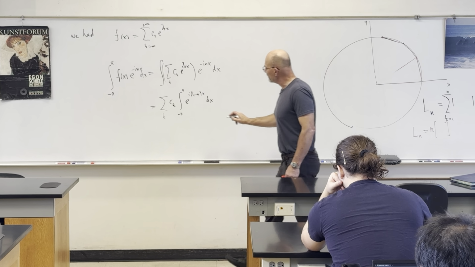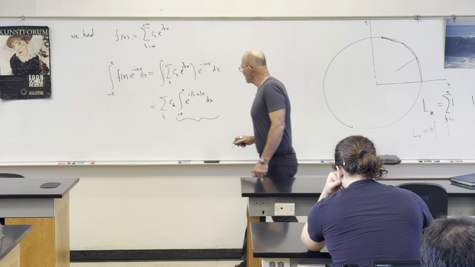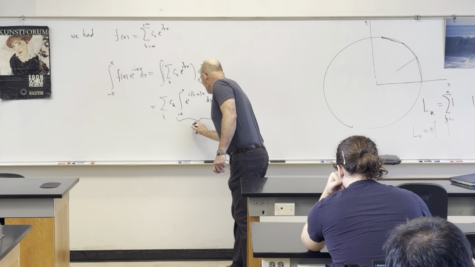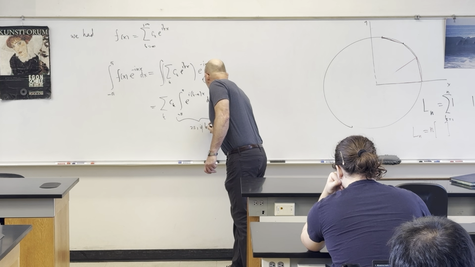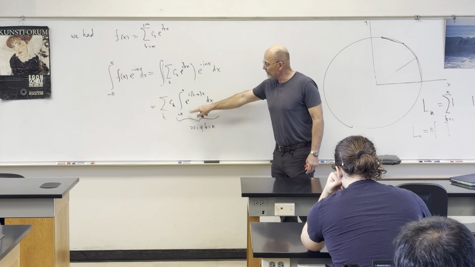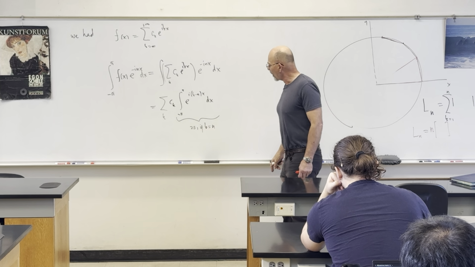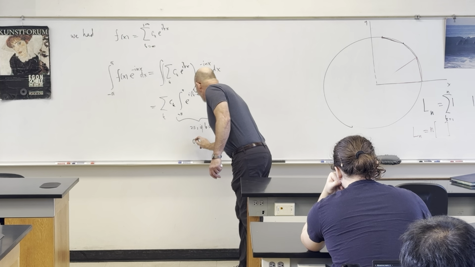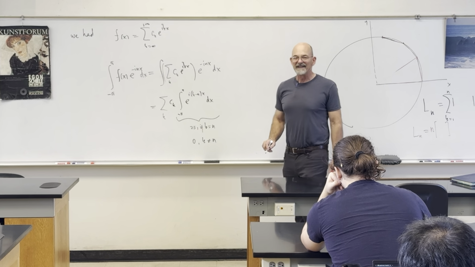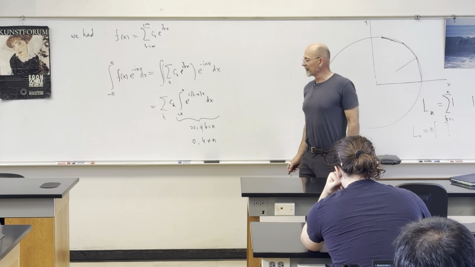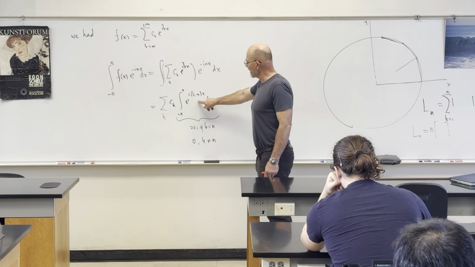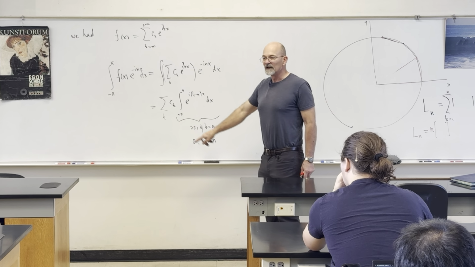And when we do this, we find that this integral here is either equal to 2 pi if k is equal to n, because then I have e to the 0 integrated from minus pi to pi, or it's equal to 0 if k is not equal to n, and these k's and n's are all integers in order for this to be true. So this calculation you guys should have a look at a couple times to make sure you agree with it.